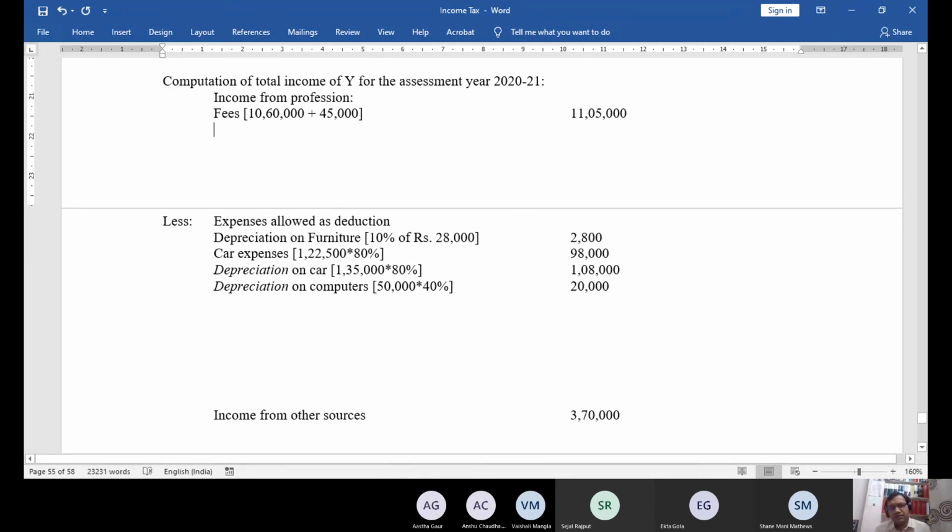Present from client. Can you tell me what is the treatment of presents from client? Is it your income? Anyone who can throw a light on this concept logically. Is present from client an income?